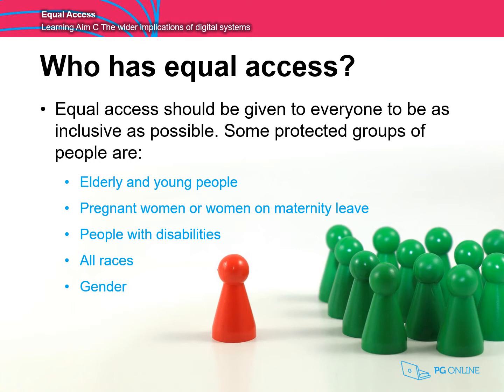We have women on maternity leave, so allowing them to access jobs from home as they can't go into work. People with disabilities who may be housebound and therefore can't get out to get the information from their local councils, for example. And we also look at all races and the different genders. This allows all the different categories to have equal access so nobody is discriminated against.